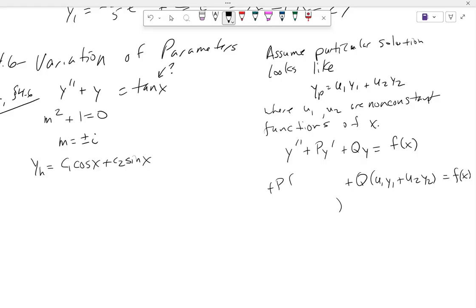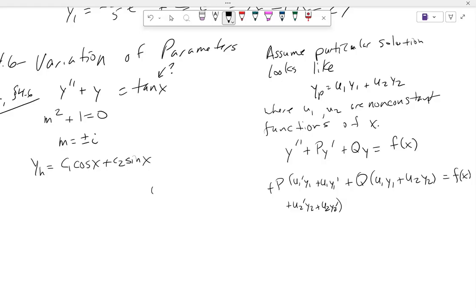So the first derivative here will be u1 prime y1 plus u1 y1 prime. That's the product rule, right? And you've got to do the exact same thing for the second one. Now I've got to take the derivative of both of those things, don't I?